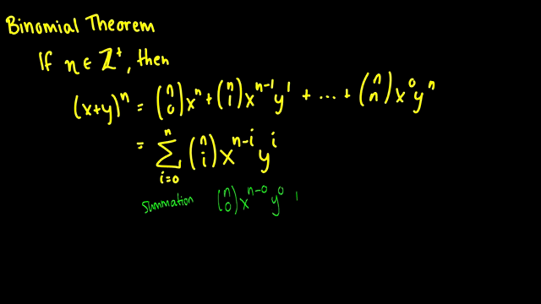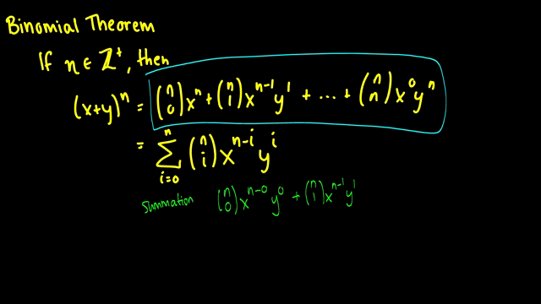Then we add 1 to i, so i is now 1, and we get n choose 1 times x to the n minus 1, y to the 1, and then we keep going until i reaches n. You'll see that this is exactly what I wrote up here, just expanded out.